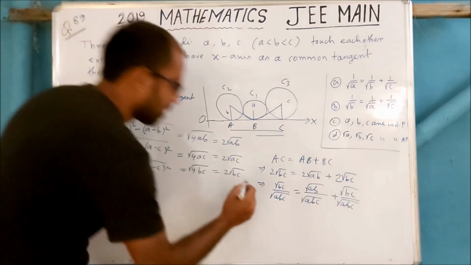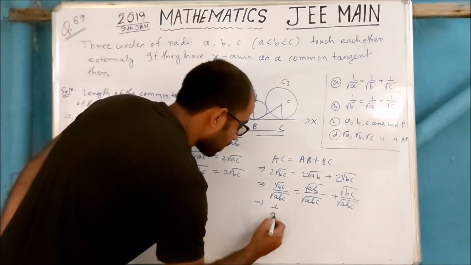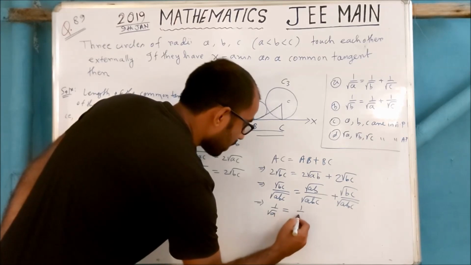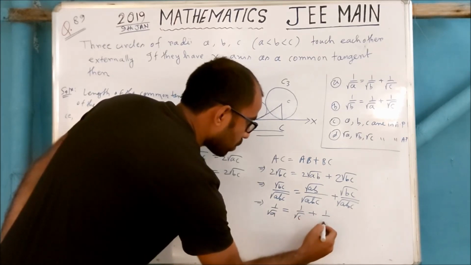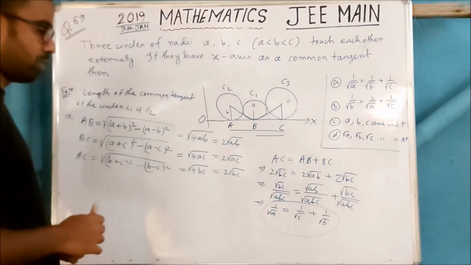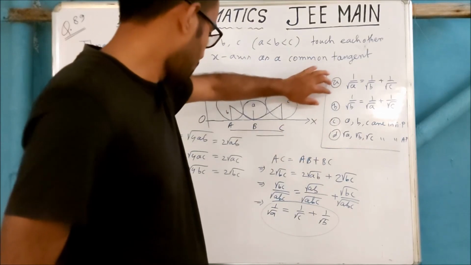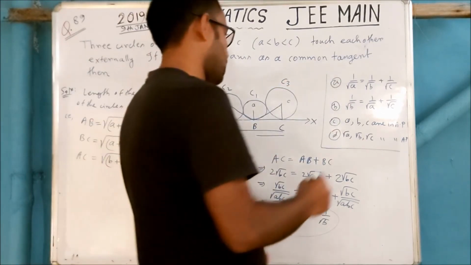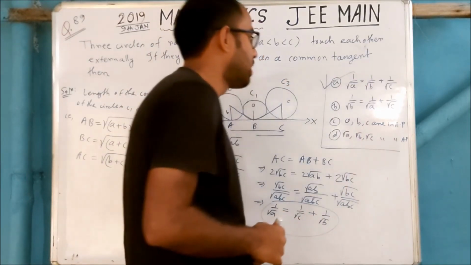So we get the final result: 1 by root B equals 1 by root C plus 1 by root A. And we check the condition, so A is the right answer.